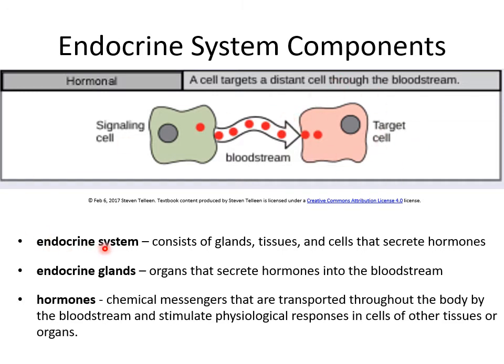So the endocrine system consists of the glands and tissues and cells that secrete these hormones. And they are obviously intimately related to the circulatory system that is distributing all of the hormones. And the hormones themselves are the chemicals, those chemical messengers that are transferred through the bloodstream to target tissues.